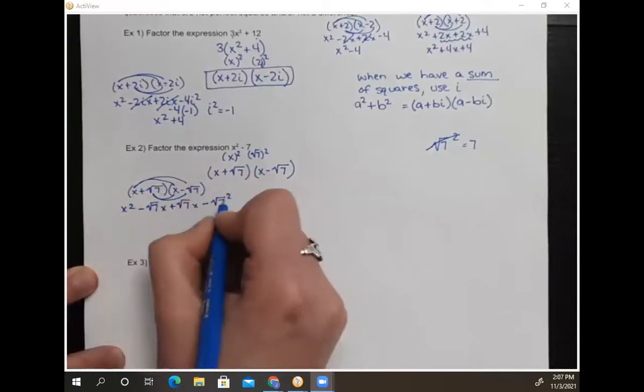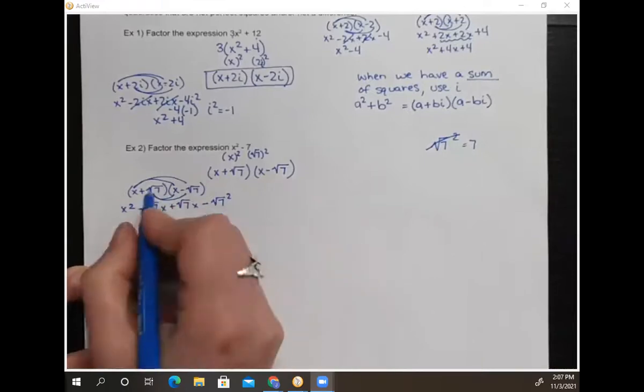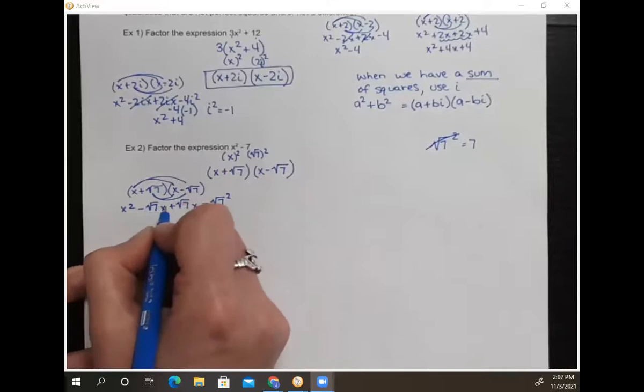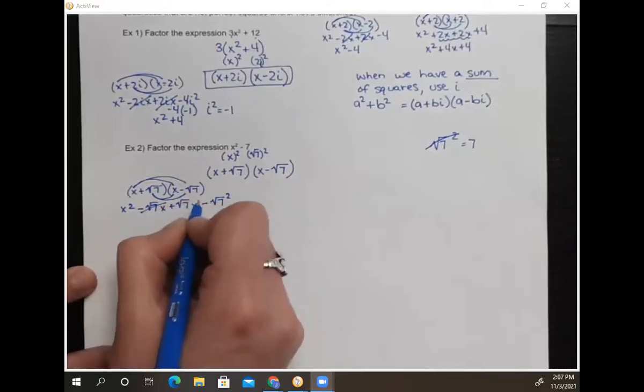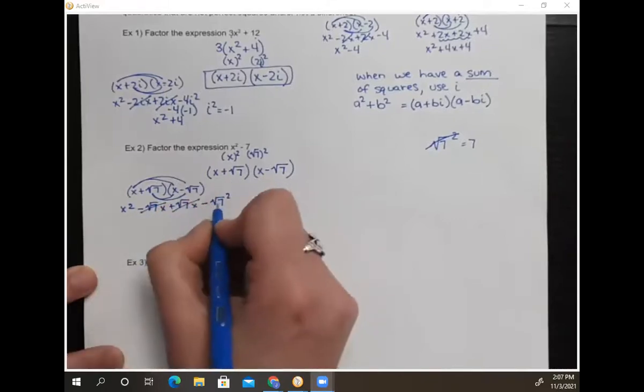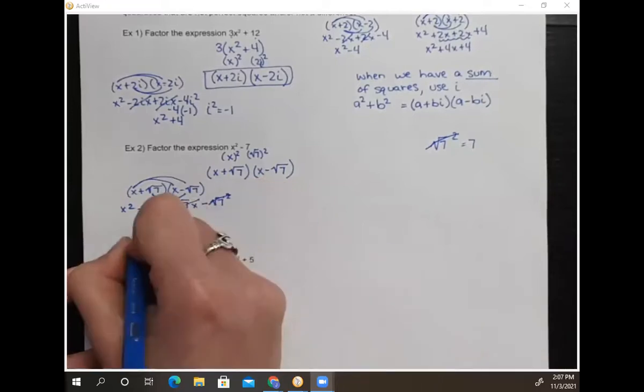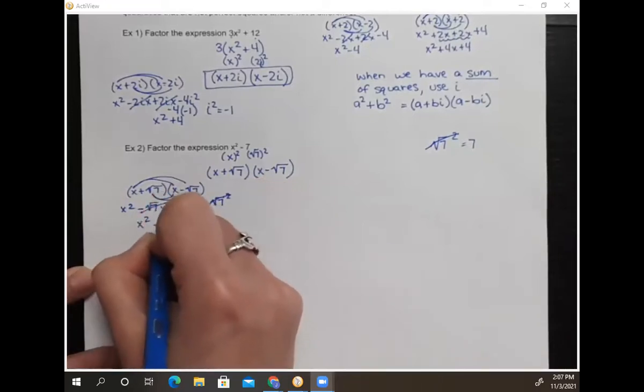Root 7 times root 7 would be root 7 squared. In the middle, my x terms are minus root 7 and plus root 7. So again, those would cancel each other out. And then here at the end, I've got root 7 that I'm squaring. When I square a square root, I'm left with just what was underneath the root to begin with. So I would get x squared minus 7.